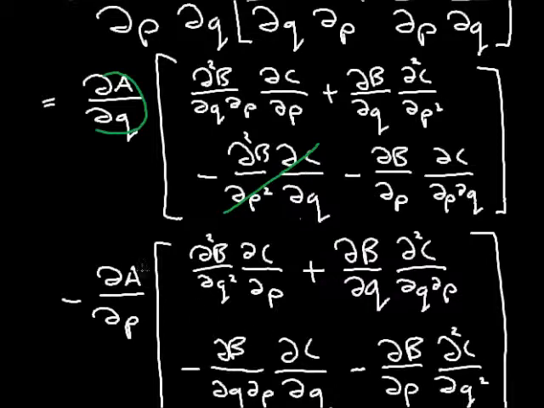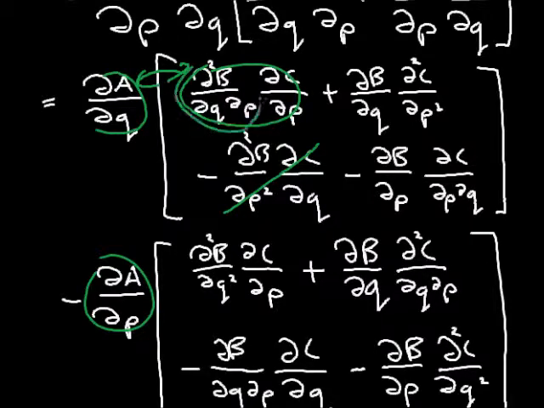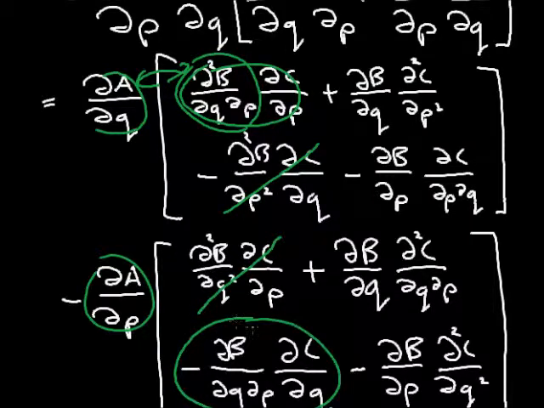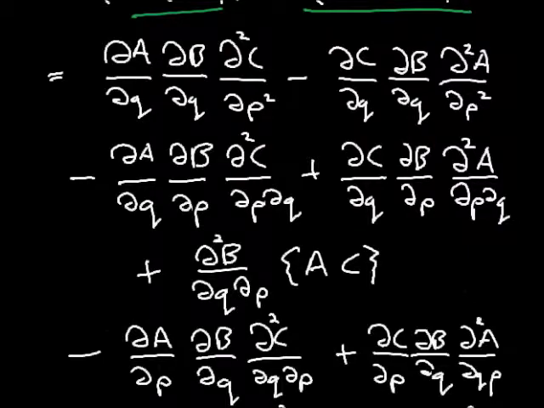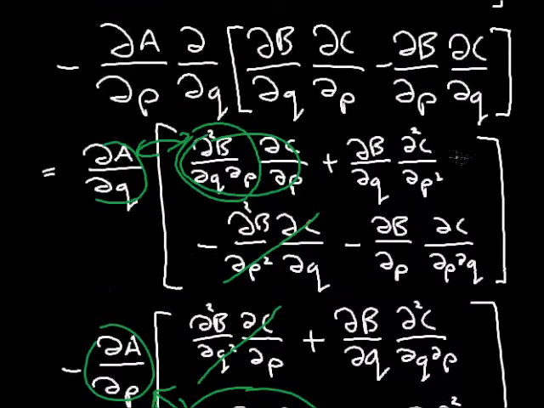On the other hand, these equivalent terms don't quite cancel, but instead form a Poisson bracket between A and C times the mixed partial. Likewise, this term cancels with its identical counterpart, while this one forms a Poisson bracket with its twin. Okay, but the CA bracket cancels with the AC bracket. So really we're just left with these four terms.